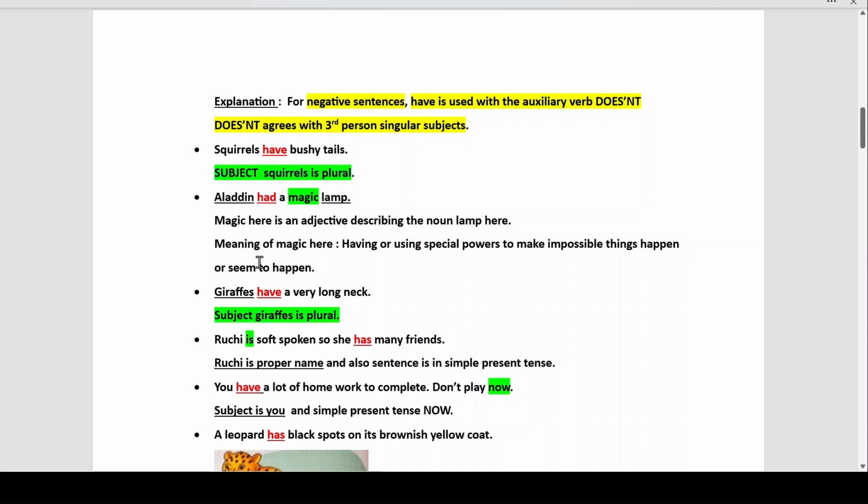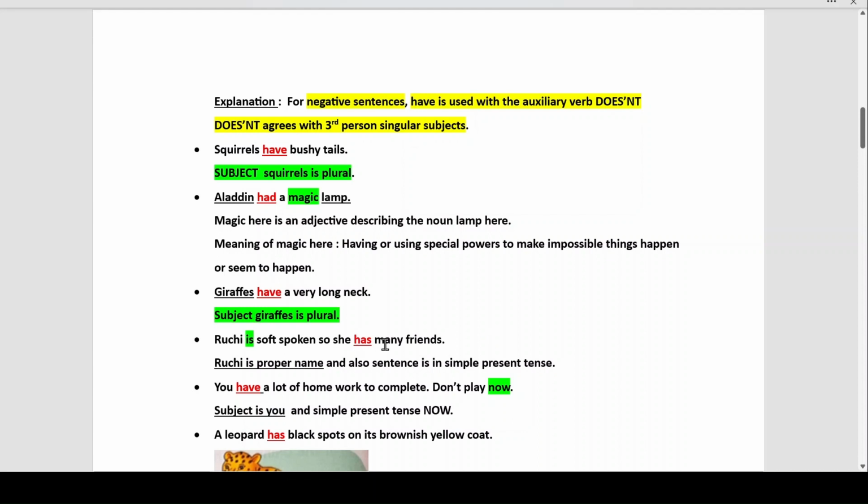Okay. Now these are small doubts which will clarify your concepts better. Giraffes dash a very long neck. Your subject giraffes is plural, therefore giraffes have, because have is written after plural subjects. Ruchi is soft spoken, so she has many friends.